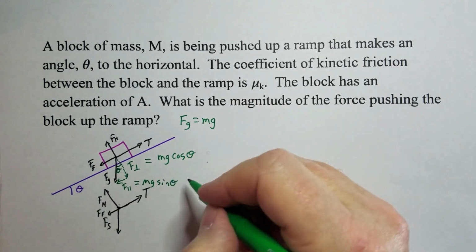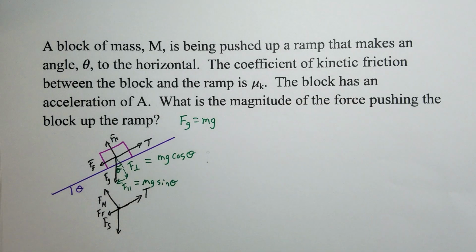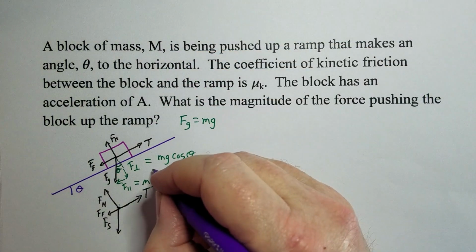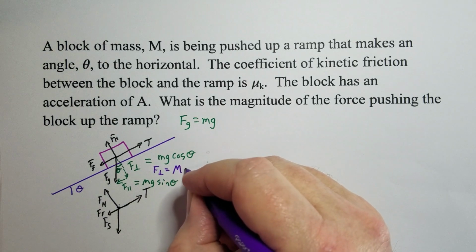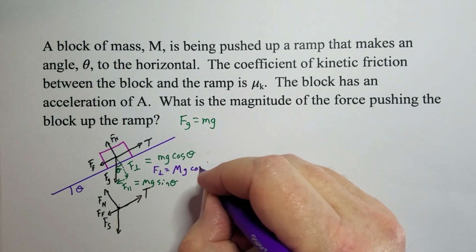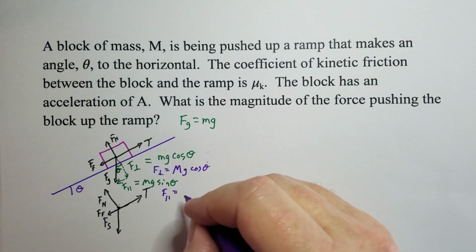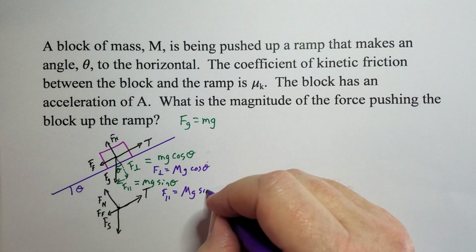So we just substitute that in so I can save a little bit of room. But I will do this. Since I said our mass is capital M, force perpendicular is capital Mg cosine of theta, and the force parallel to the surface is capital Mg sine of theta.